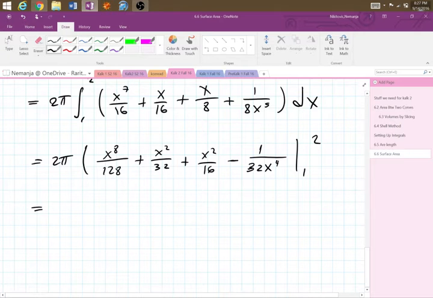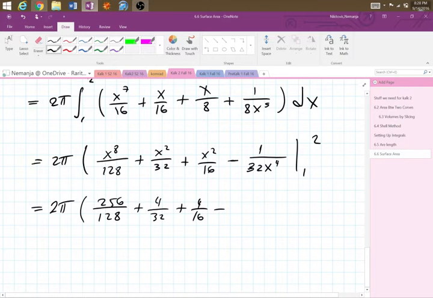And that's eventually going to work out to be a number. So 8, what do we have? 256 over 128 plus 4 over 32 plus 4 over 16 minus 1 over, so 5, 9, so 256 to 512.